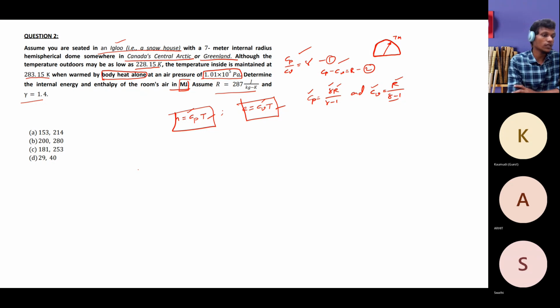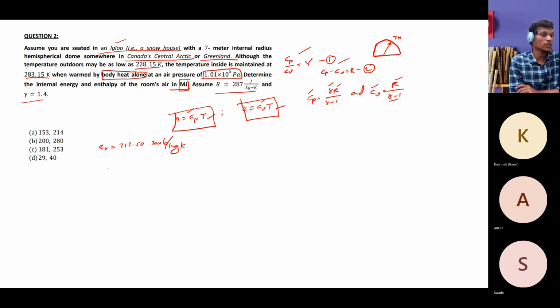Let me just write the answer instead of doing the mathematical calculations. What are Cp and Cv? Cv equals 717.50 joule per kg Kelvin.